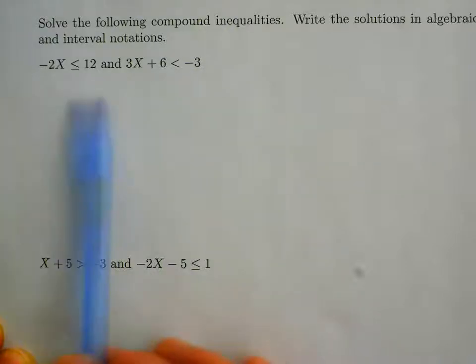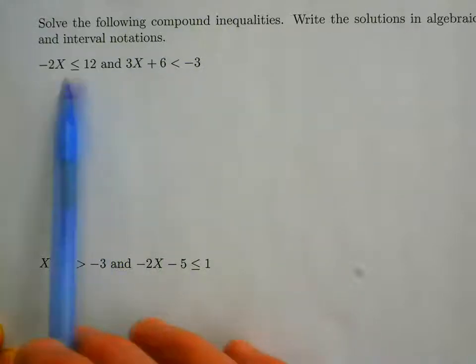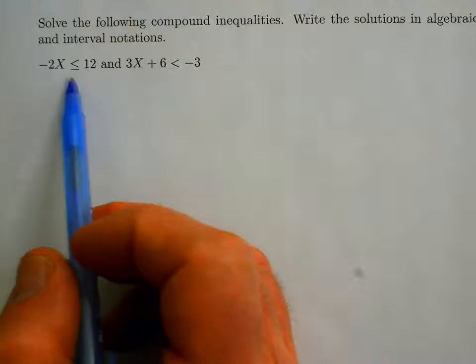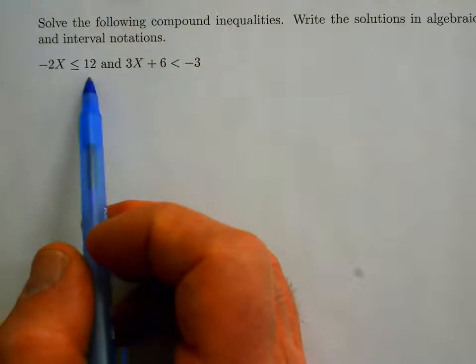All we have to do is solve each of the two inequalities separately until we get x by itself in each of them. And then we'll do what we did in the previous examples.